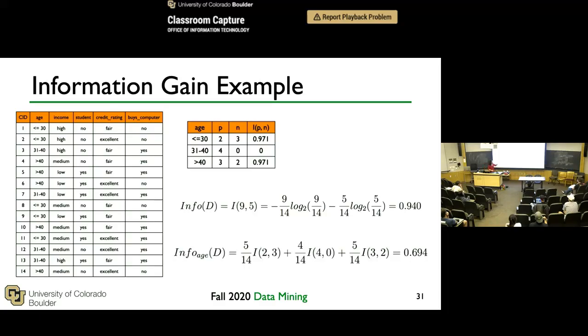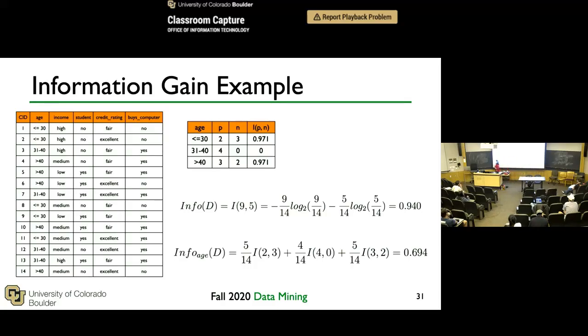Okay. And now I just need to combine all that together. So I'm now calculating the information of D by using age as my branching condition. So I have 3 cases. 5 of them go into the first one with a 2-3 split. 4 of them in the second branch, a 4-0 split. And then 5 of them with a 3-2 split.